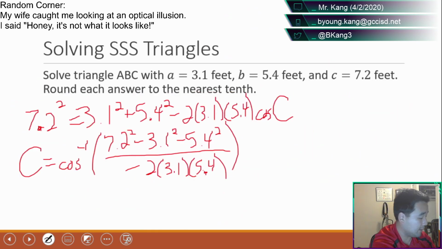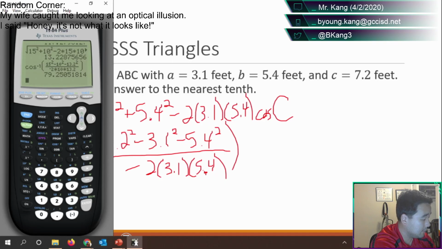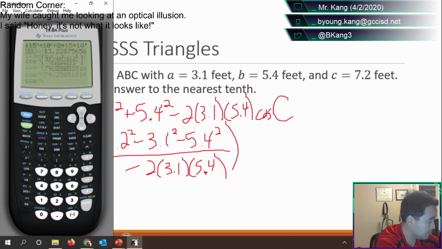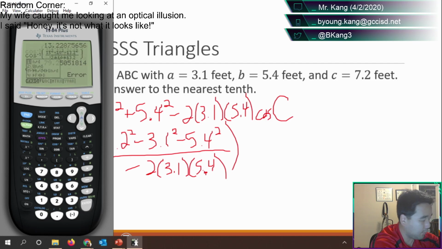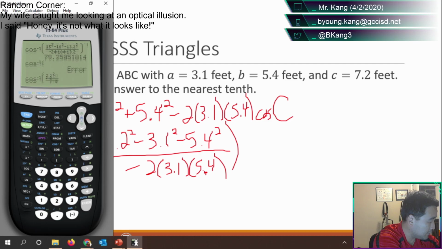Okay, so I know what to type in now. Head to the old calculator. Oh, shoot. It didn't get the y equals part. Alright, so 7.2 squared minus 3.1 squared minus 5.4 squared.